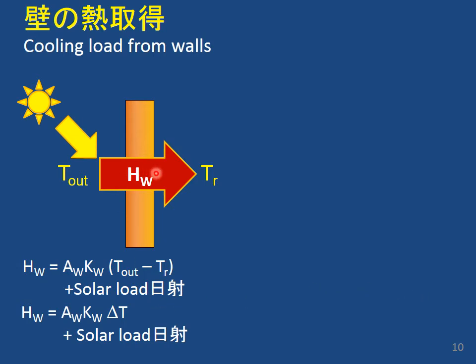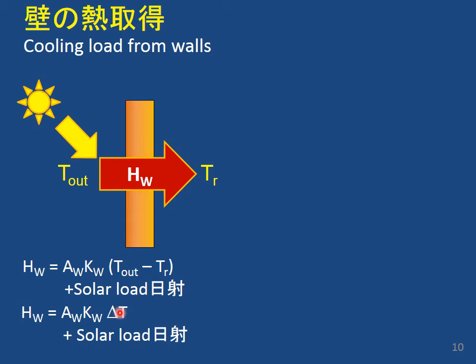So the total heat through the wall partly is the temperature difference here from the original equation, but also this solar load, which changes with time, and it depends how thick the wall is and what the material of the wall is. It's very complicated. We could also write this with delta T here.